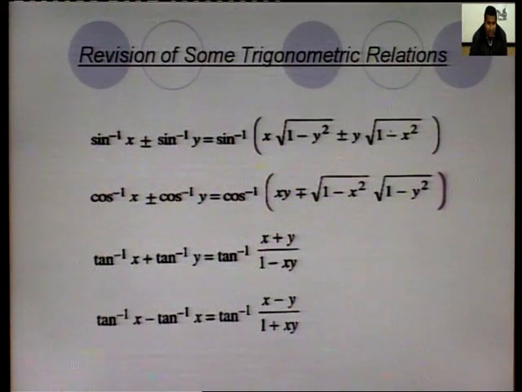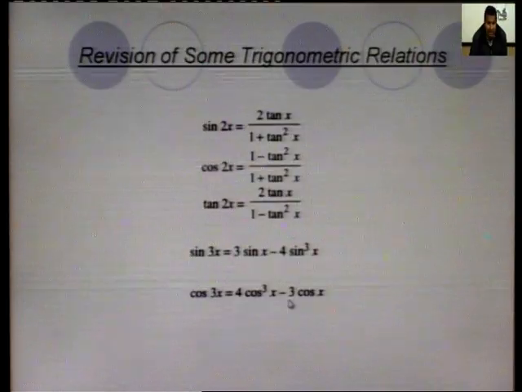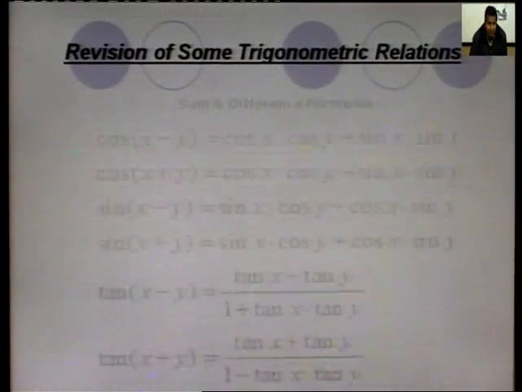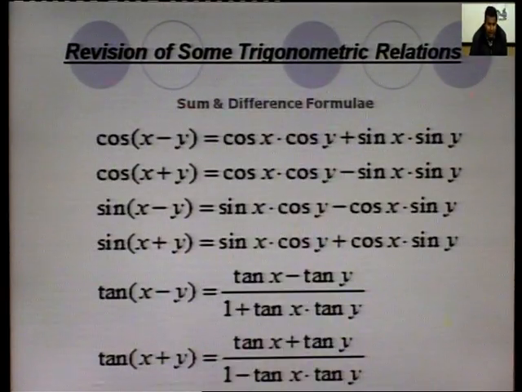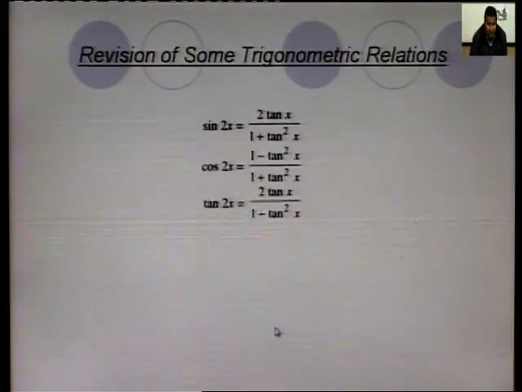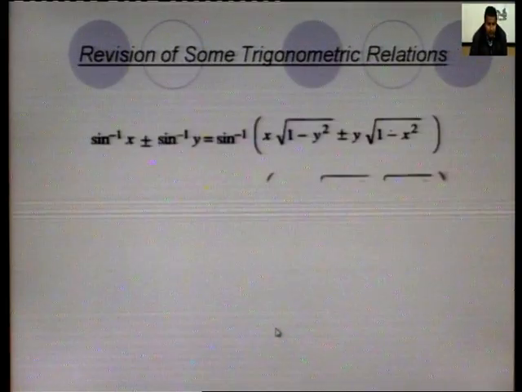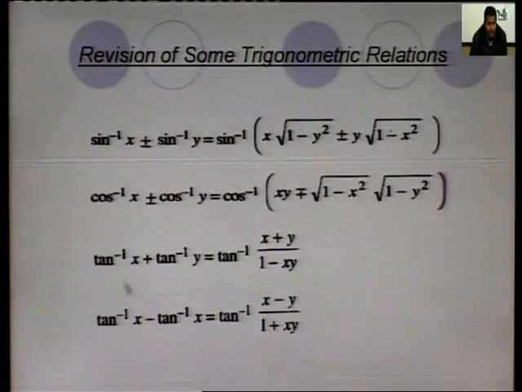These tan formulas are very similar to the previous tan a plus b formulas we have done. If there is a plus on top, the minus comes in the bottom. Similarly here also, tan inverse x plus tan inverse y is equal to tan inverse of x plus y upon 1 minus xy.